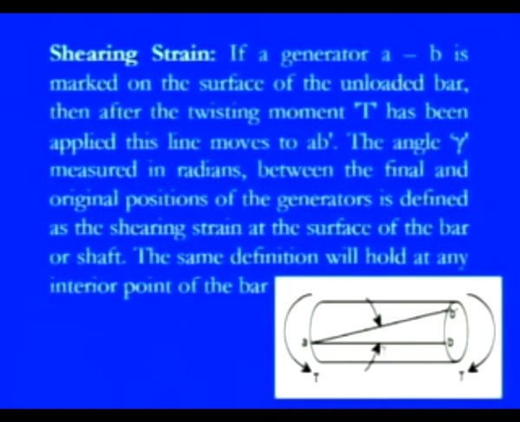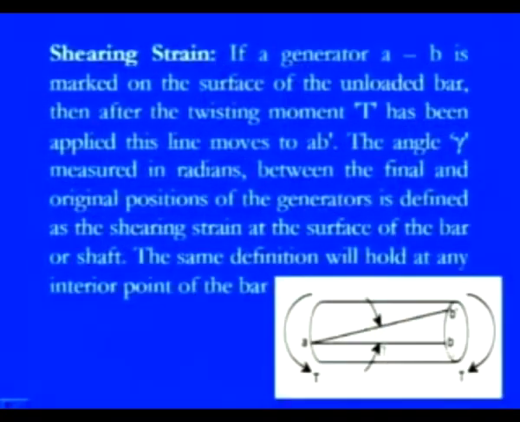That means, as I told you, there are individual impacts on the individual components of these bars, and they always tend to move. All these internal portions along this particular length try to move along the circumferential part due to the application of this twisting moment.